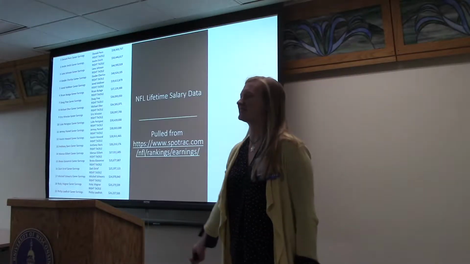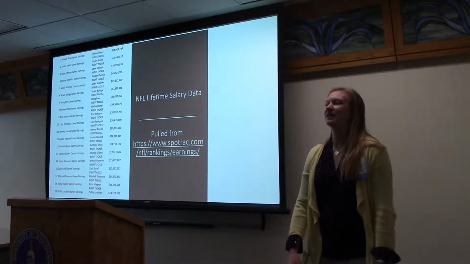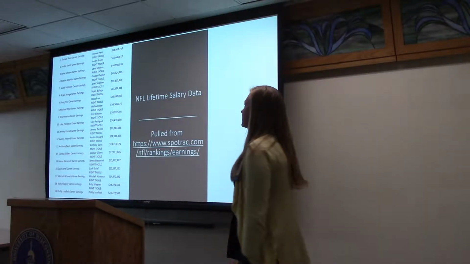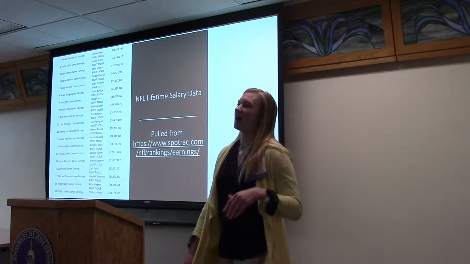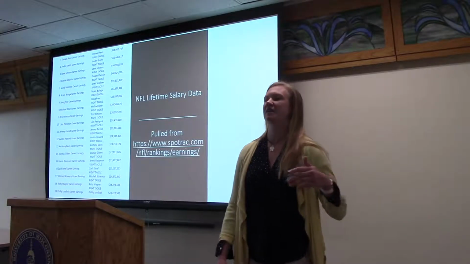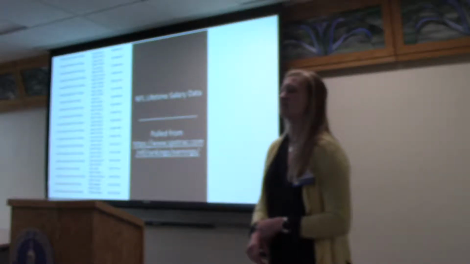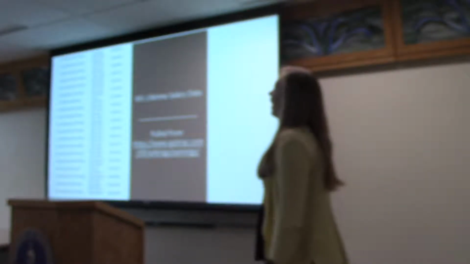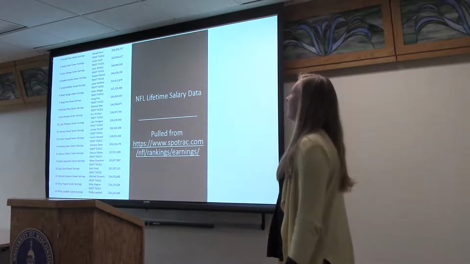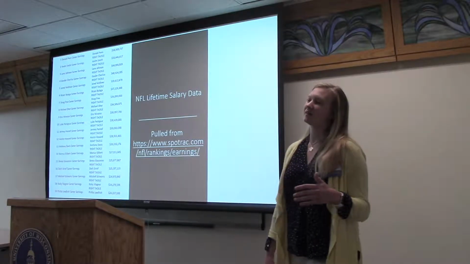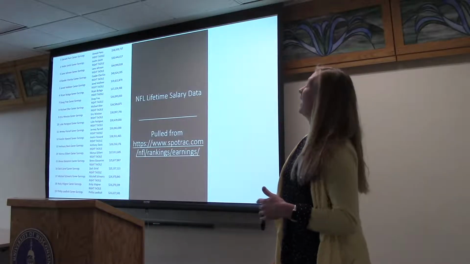So next I needed to get the salary data. I got the salary data by using Spotrac. It has all of the players' salaries. It has them for each contract they had, their bonuses, their lifetime salary, multiple things. It groups it by position overall too. They had lifetime salary as a category, so I looked at lifetime salary overall and then grouped it by position.